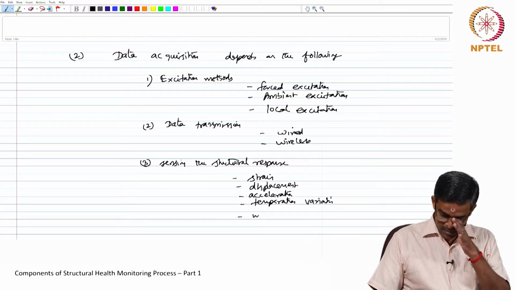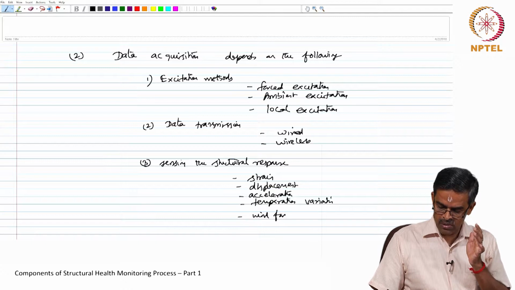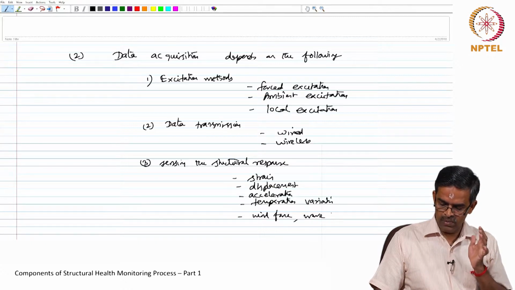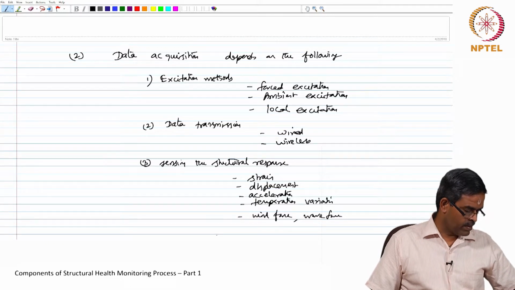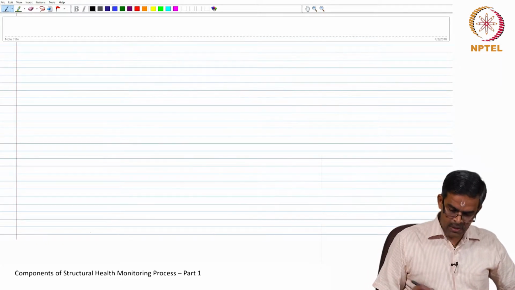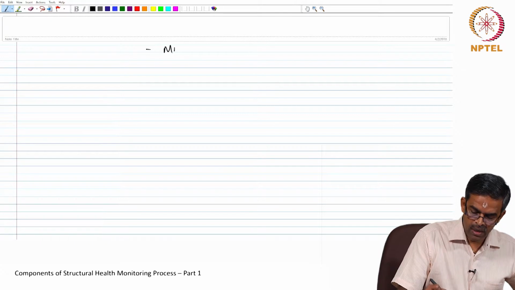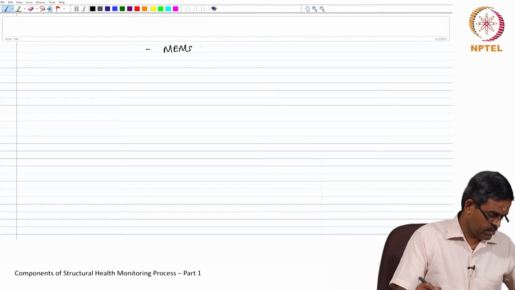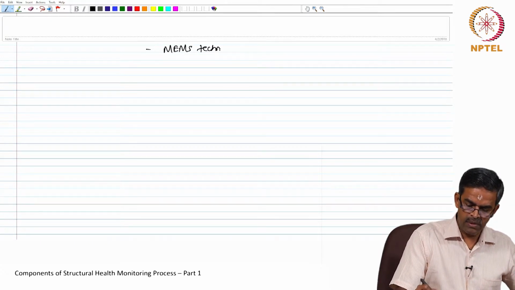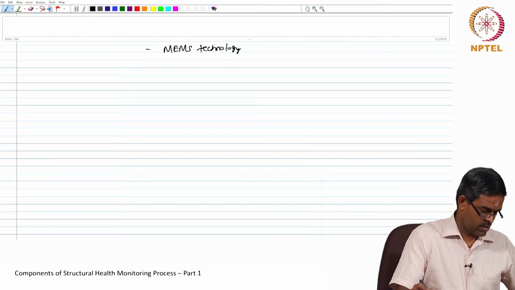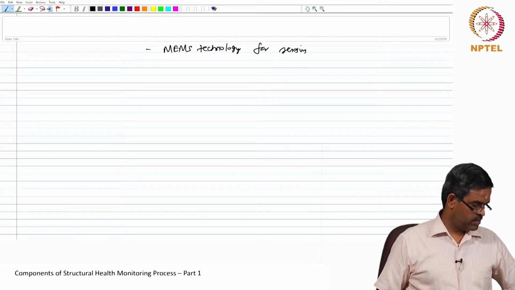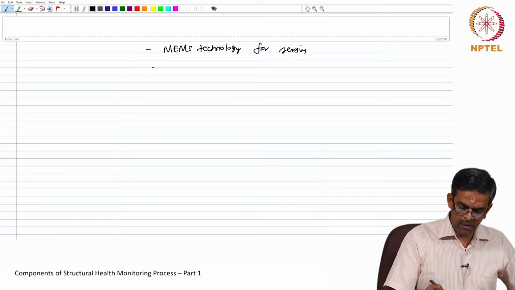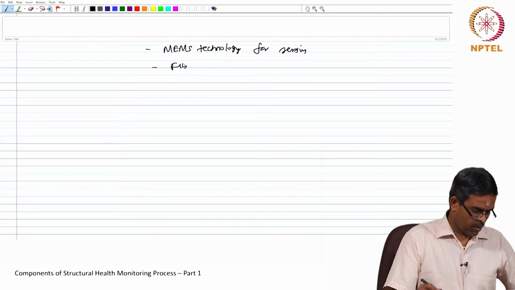Is it wind force, wave force, etc.? Is it deploying MEMS technology for sensing? Are we really using fiber optic sensors?